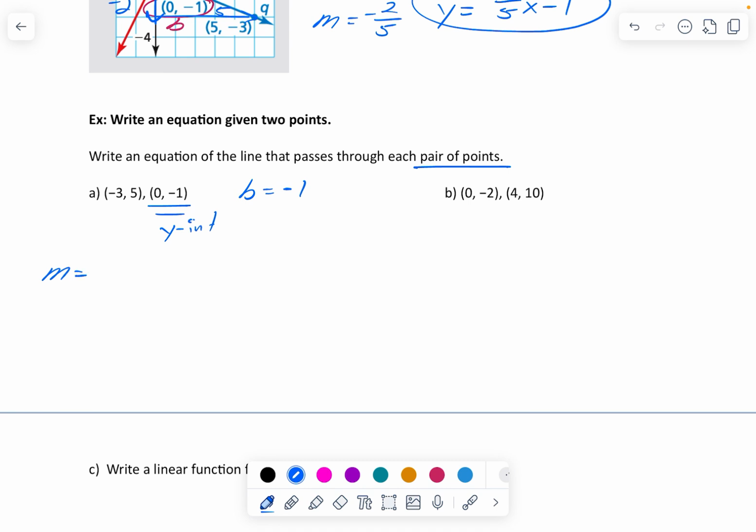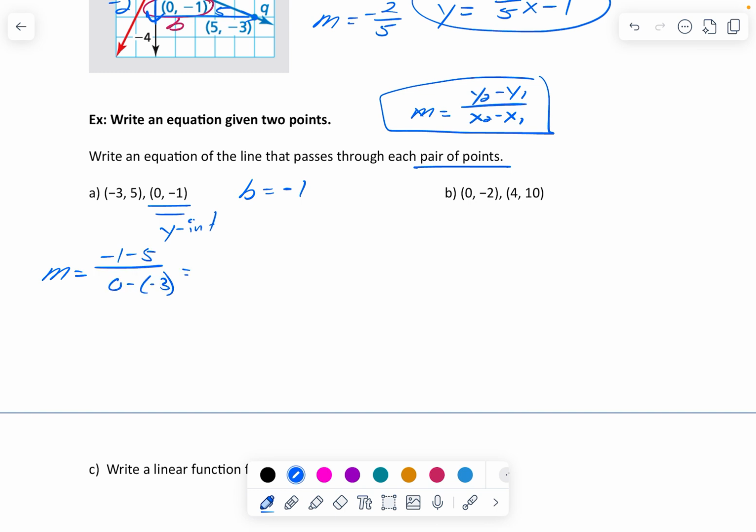Remember, our slope is y2 minus y1 over x2 minus x1. You should have that memorized. So negative 1 minus 5 over 0 minus negative 3, negative 6 over 3, which is negative 2. So my equation is going to be y equals negative 2x minus 1.